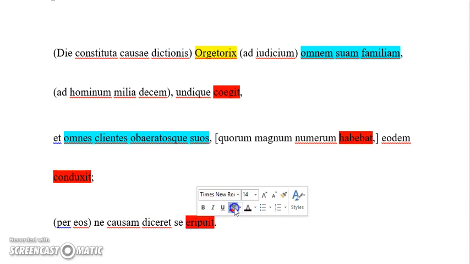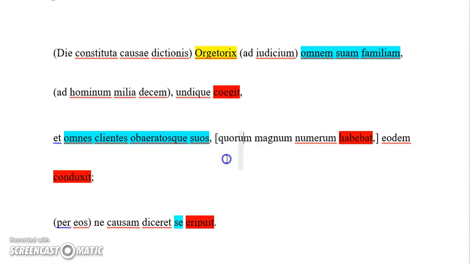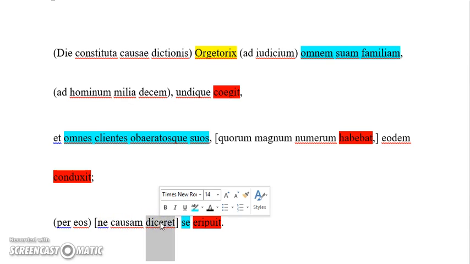Eripuit se, here's your direct object, that's himself. So here we have the purpose clause. He might not plead his case, dicere causam.